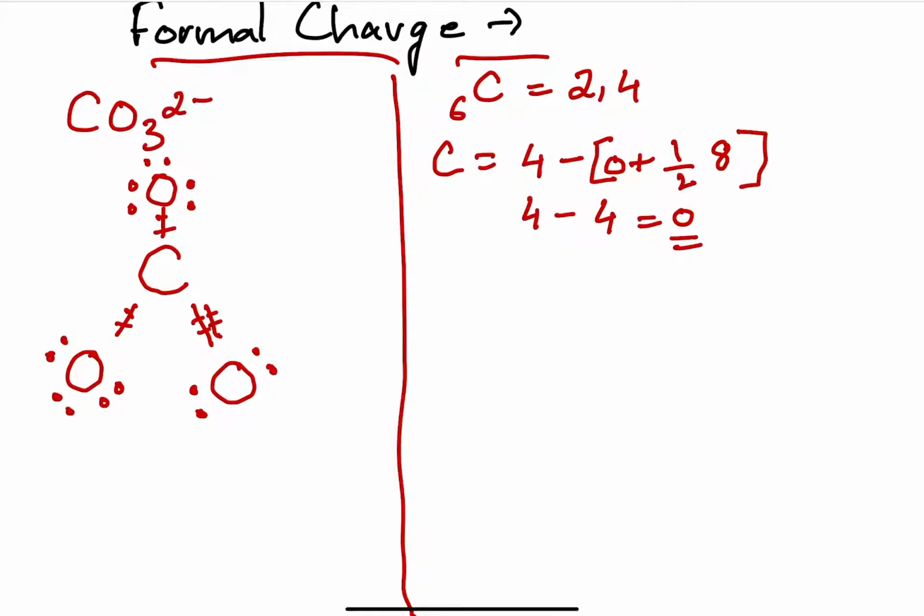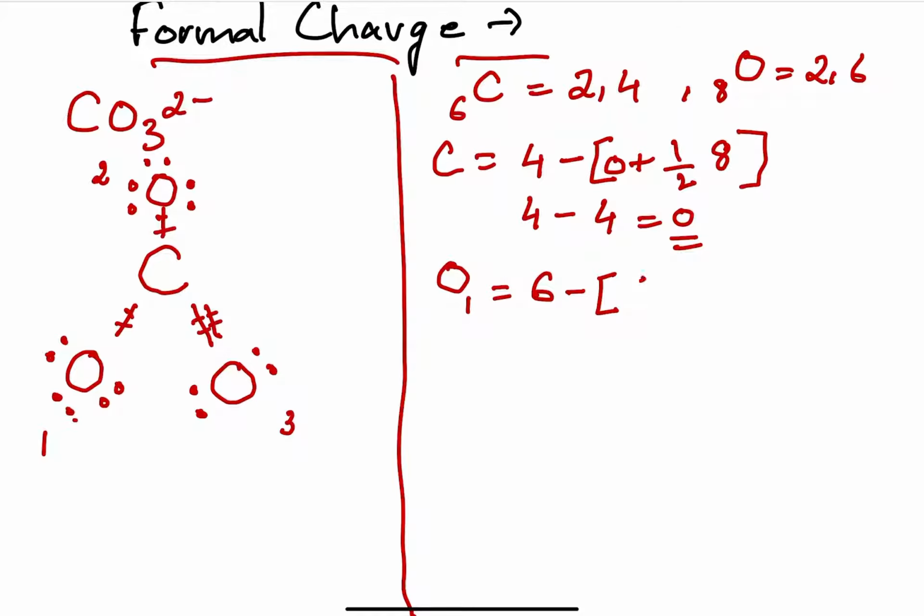Let's move on to the oxygen. We can mark the oxygens as oxygen number 1, oxygen number 2, and oxygen number 3. Let's take oxygen number 1. The electronic configuration of oxygen, atomic number 8, is 2 and 6. So the number of valence electrons is 6 minus electrons in lone pair, 1, 2, 3, 4, 5, 6.